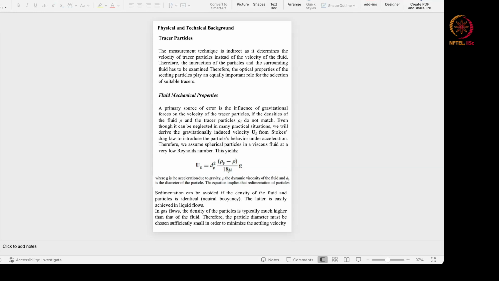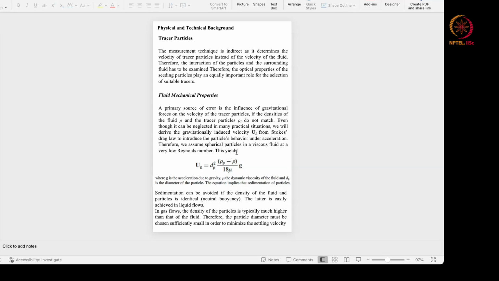If the densities of the fluid and the tracer particles do not match, say the density of the fluid is rho and the tracer particle density is rho p, and obviously they do not match in most cases. Even though it can be neglected in many practical situations, let us see what happens when you have a gravitationally induced velocity which comes from the Stokes drag law, to introduce the particle's behavior under acceleration.